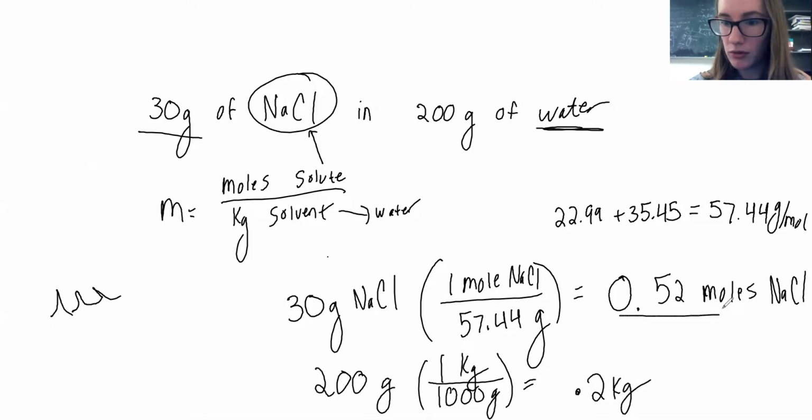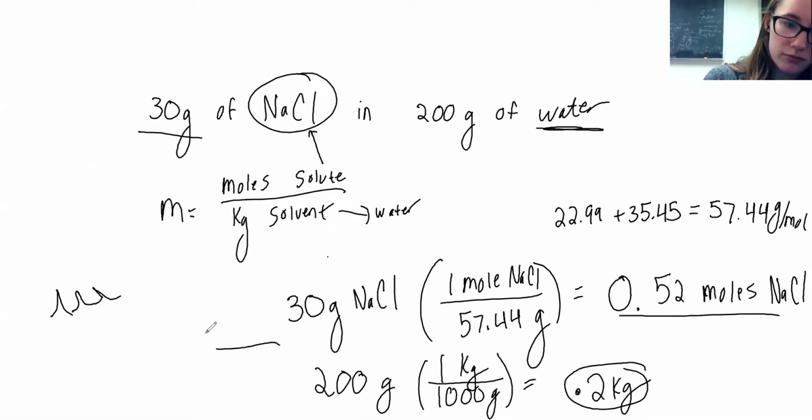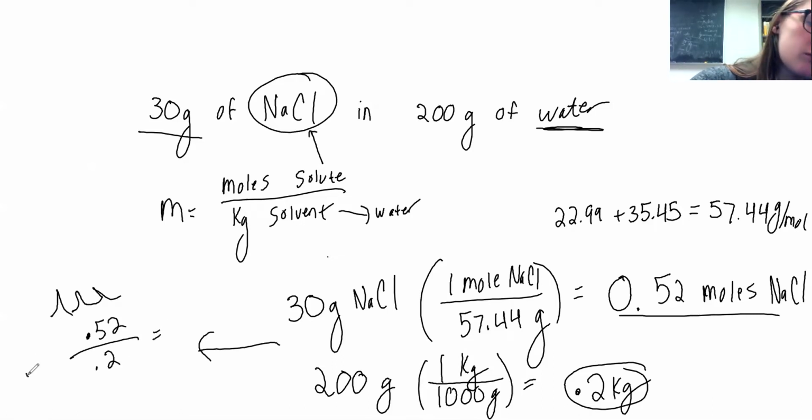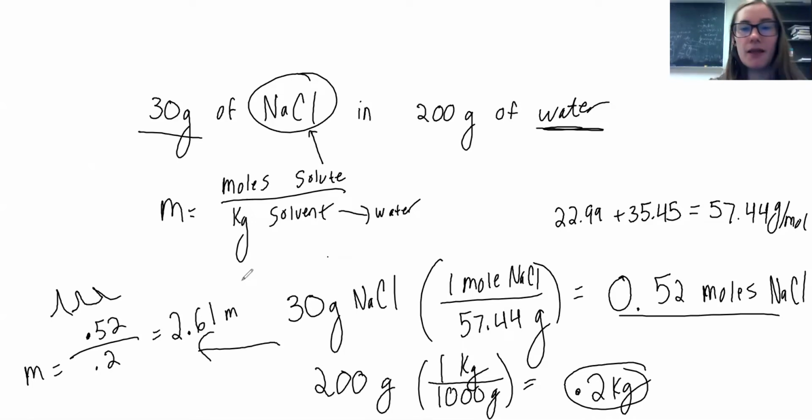We've got our moles and our kilograms. Last step: 0.52 divided by 0.2. Molality equals that, and so we've got a molality of 2.61.